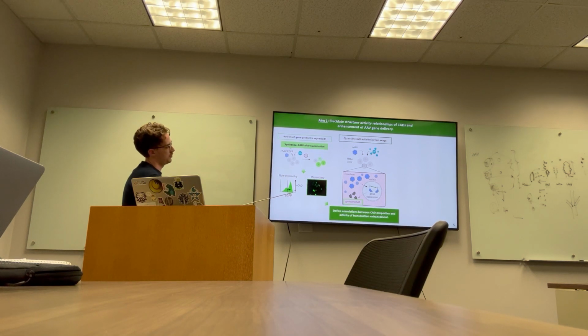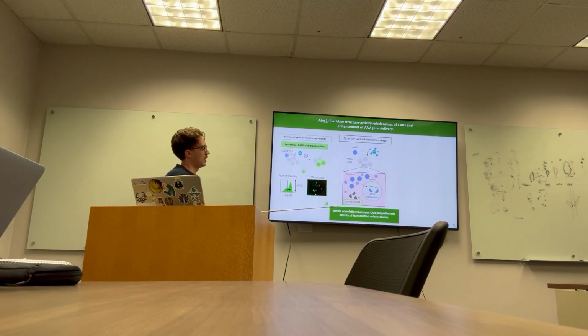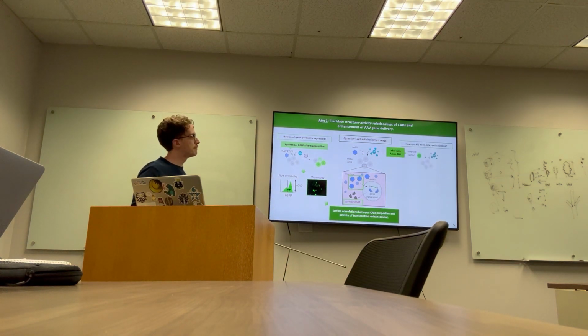So I can see which cells have a higher amount of eGFP, and then I should see this fluctuate with and without CADs, right? That way I can quantify how much CADs affect transduction, and I can also image for qualitative images like before. So that's the system I used on the previous slide.